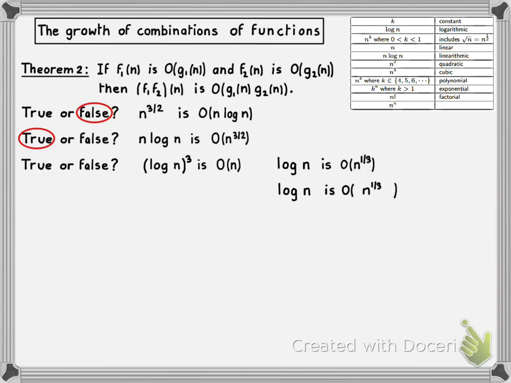So log n times log n is log n squared. This function times itself is n to the power 1/3 squared. Now this big O relationship is a direct application of theorem 2.